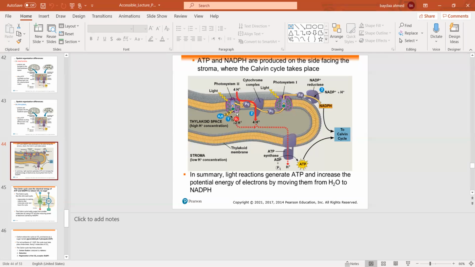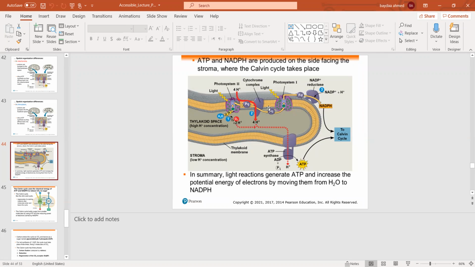Gold arrows track the flow of electrons. As electrons travel down the electron transport chain, four hydrogen ions are pumped into the thylakoid space, increasing hydrogen concentration and decreasing the pH.